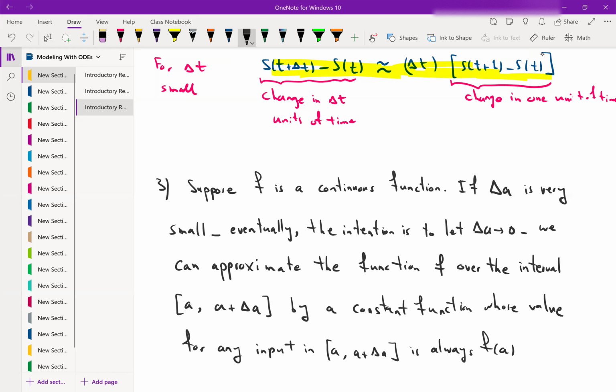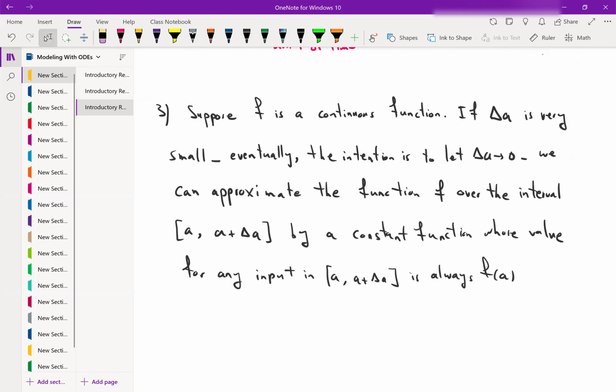So let me draw a picture that may help in better understanding what is happening here. Let's say I have an interval from A to A plus delta A. This is my interval. And then I have a continuous function defined on this interval, like this.